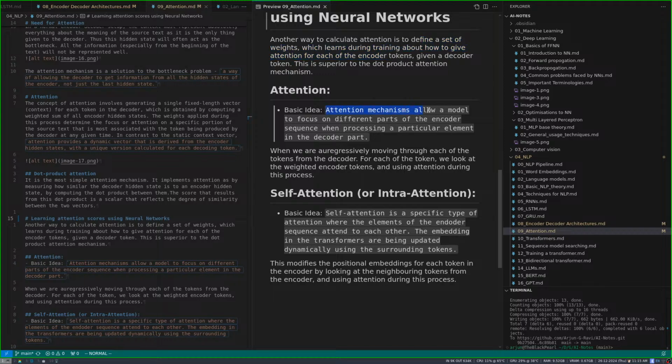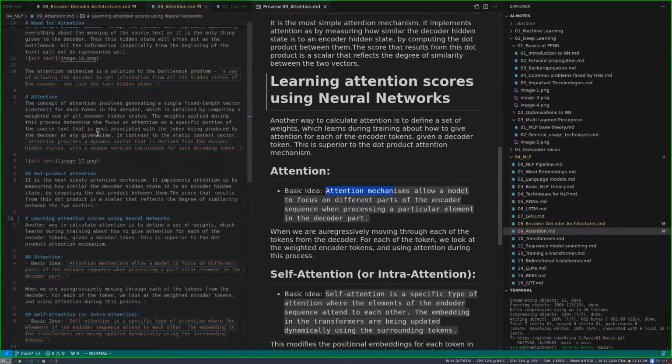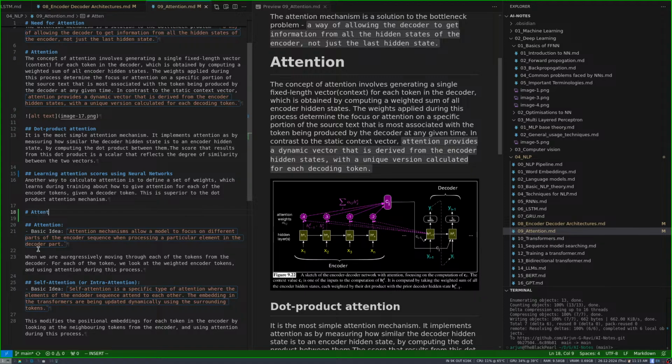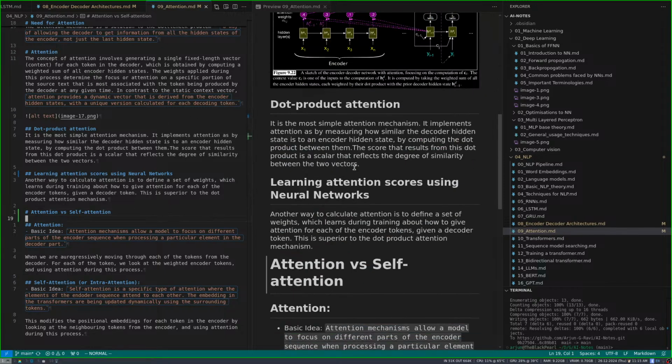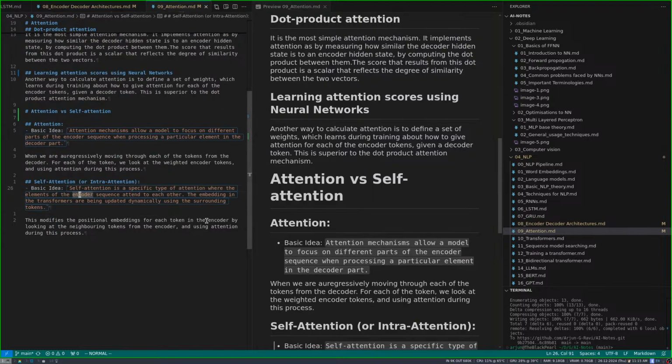Attention and self-attention. Basic attention mechanism. What is the difference between attention and self-attention? The attention mechanism allows the model to focus on different parts of the encoder sequence, and self-attention is a specific type of attention where the elements of the sequence attend to each other. The embeddings in transformers are updated dynamically using the surrounding objects.